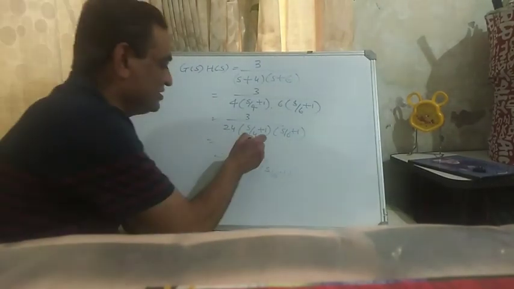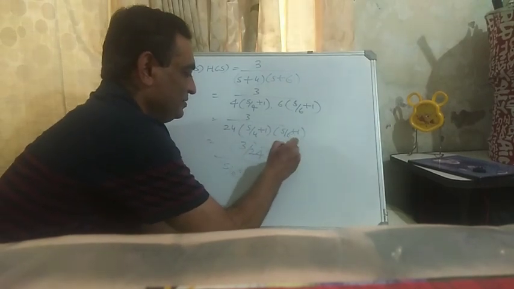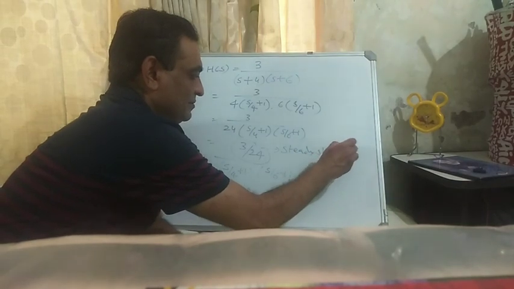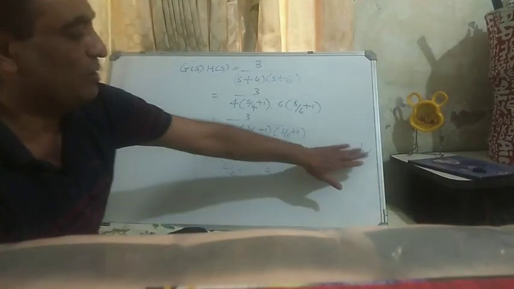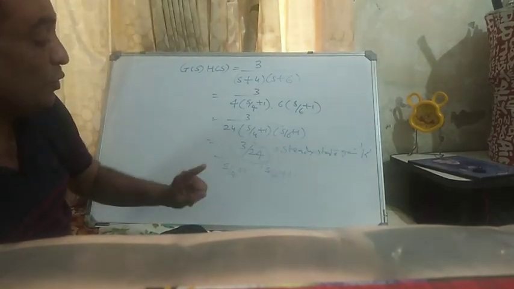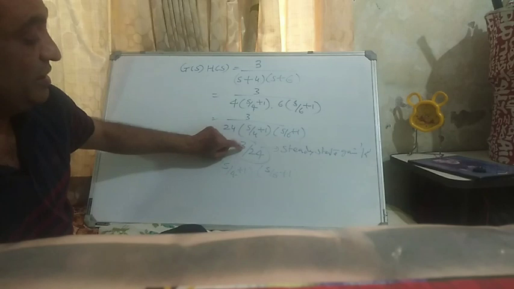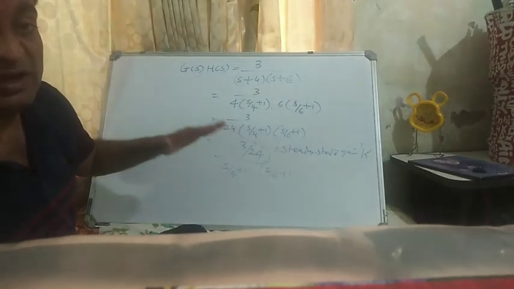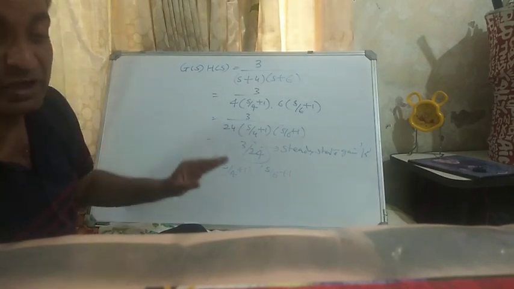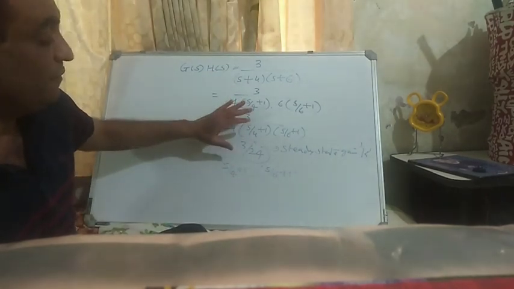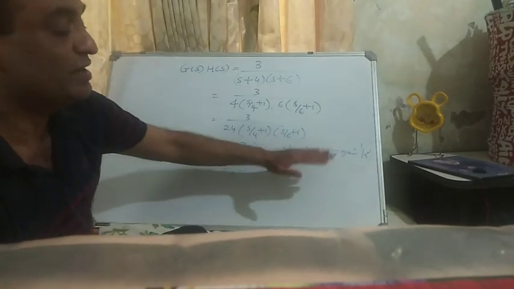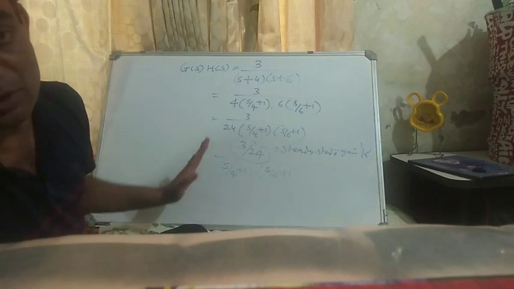So this is the steady state gain K, and this is required in sketching the Bode plot. Finding the true value of the steady state gain K, 3 by 24, after converting into a time constant form is very crucial, because our starting point of the Bode plot will be finding the steady state gain K. If you find the steady state gain K wrongly, then your entire Bode plot is wrong.